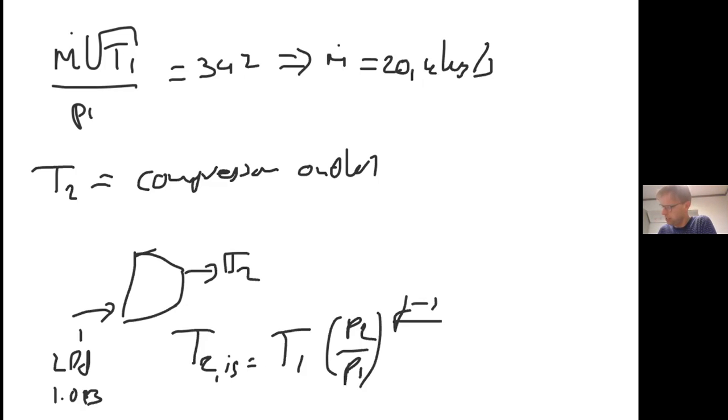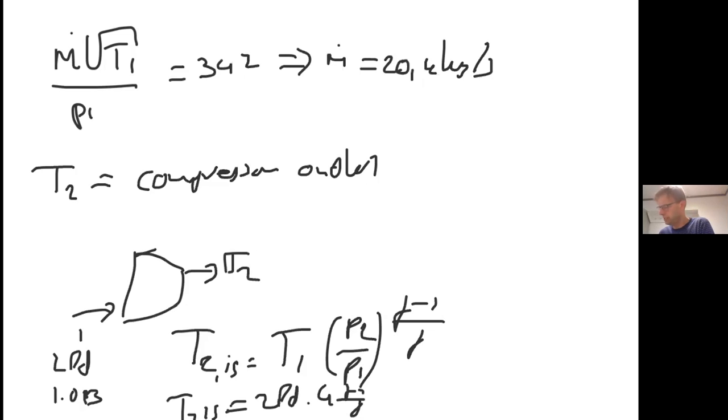So you have this calculation. The isentropic situation can be calculated here. So T2 isentropic is 288 times 4 to the power of the exponent.